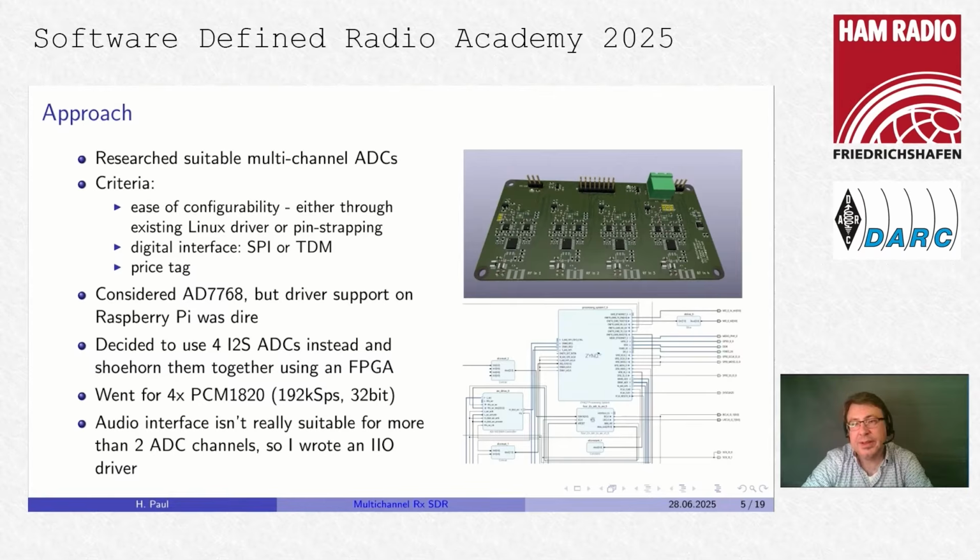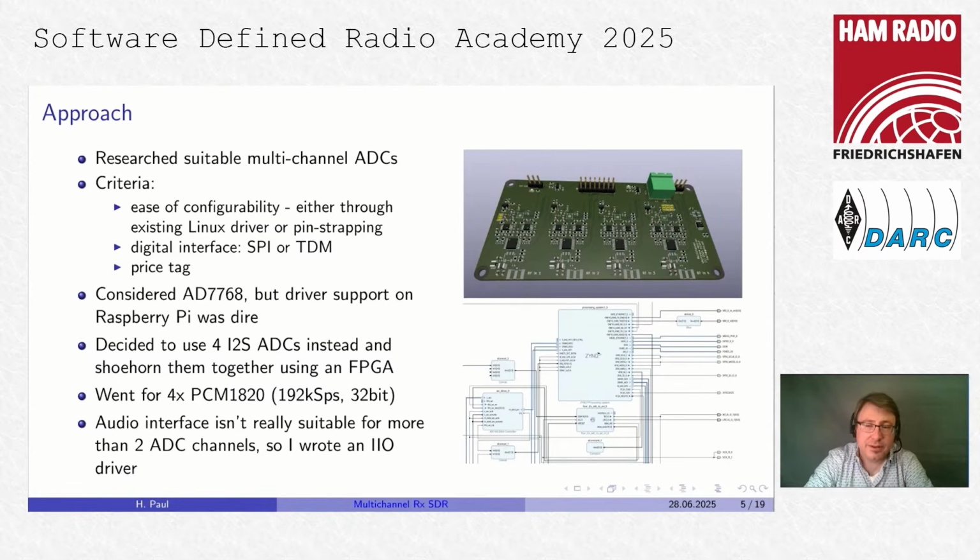So either there had to be some existing Linux driver in order to configure the ADC chip, or even better, if there was pin strapping possible, just tying some config pins to defined levels in order to tell the ADC to do this thing or another thing. And of course, the price tag was also important criterion.